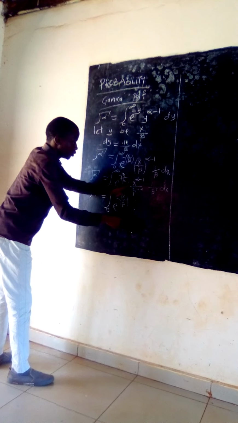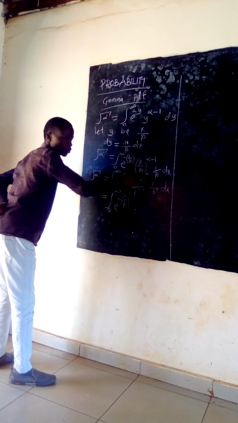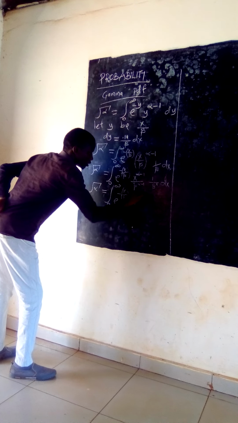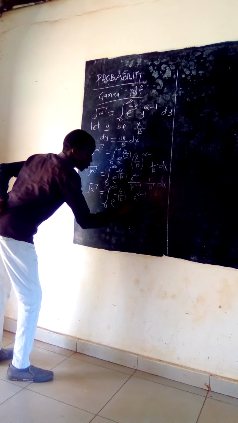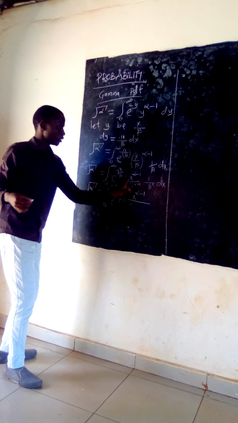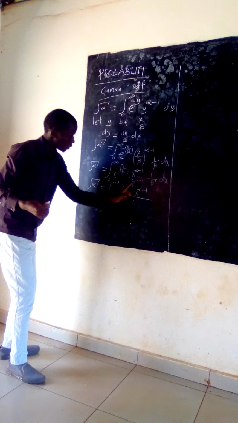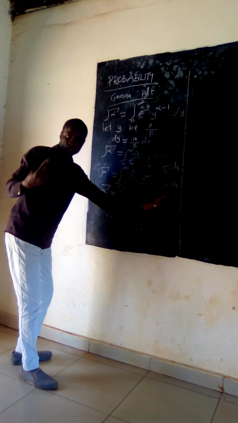Now, this x raised to alpha minus 1 is just a constant, so that is x raised to alpha minus 1 over, because when I multiply this by 1, I'll just remain with the same power.